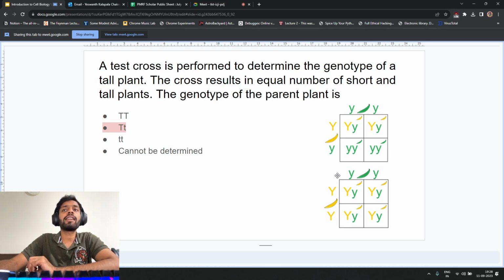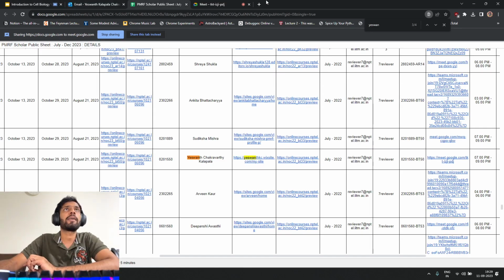If it's homozygous, it goes one way or the other. If it's homozygous recessive, you'll see all short plants. If it's homozygous tall, you'll see all tall plants. But if it's heterozygous for height, you'll see equal numbers of tall and short plants. In this case they're seeing equal numbers of short and tall plants, so it's a heterozygous parent.